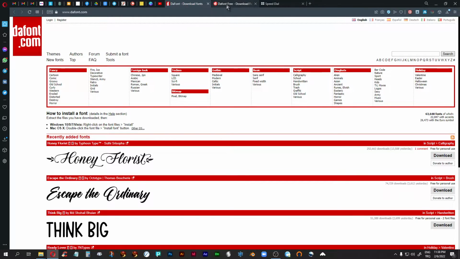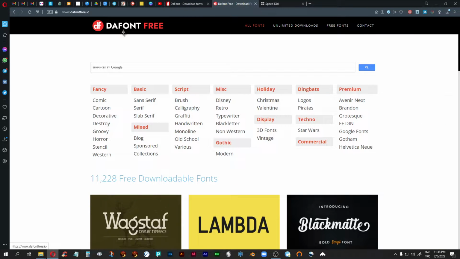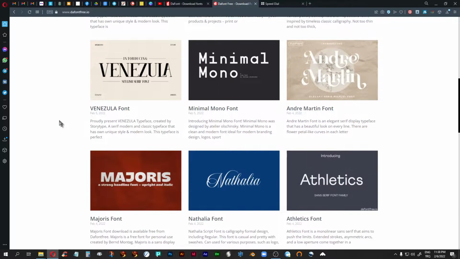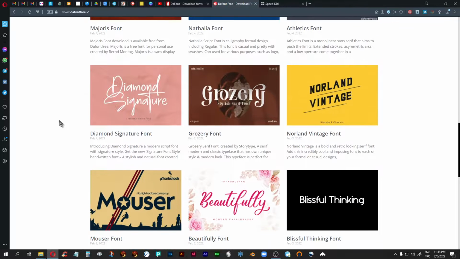And nowadays there's a new site which is called Da Font Free, and I have a feeling that these people are actually connected to the original Da Font site, because I can't imagine how they would just be able to take this name and use it without getting into legal trouble. And so I'm going to use this website and the images of the fonts that they have here to actually show you what I mean.